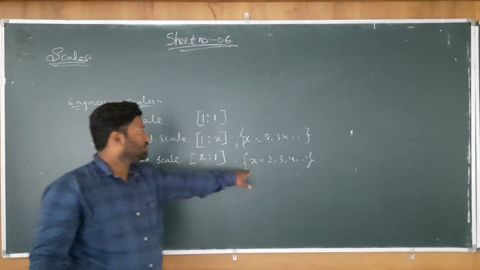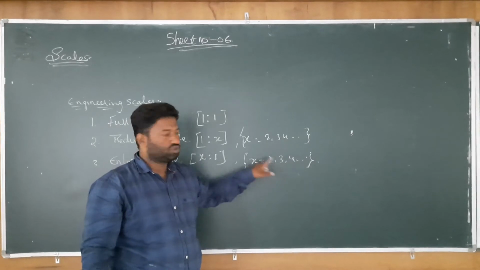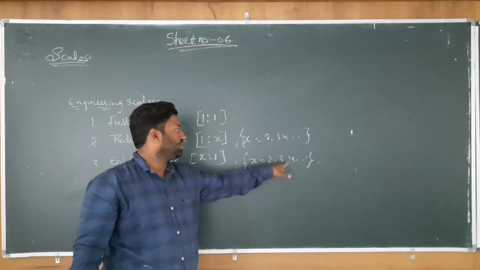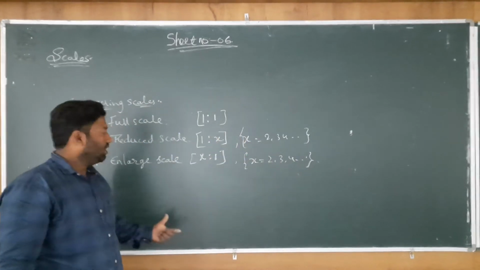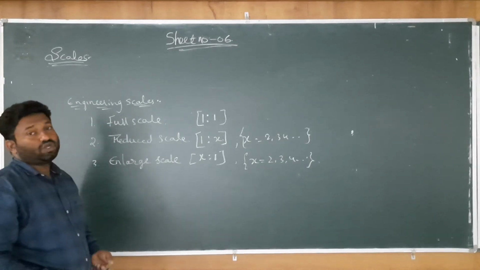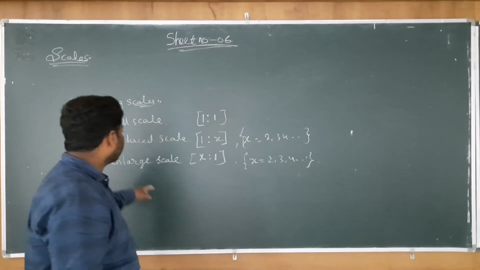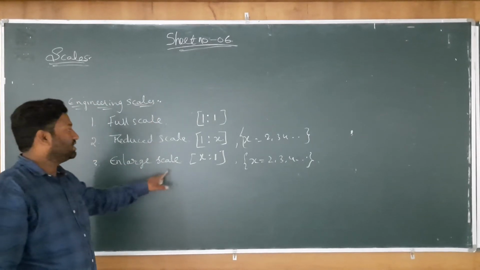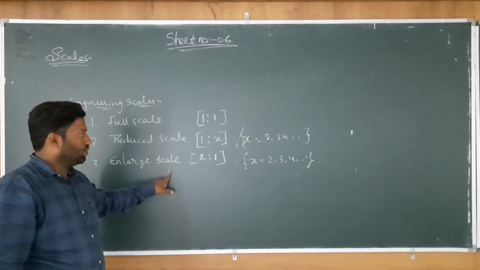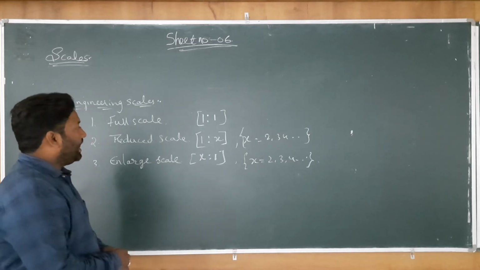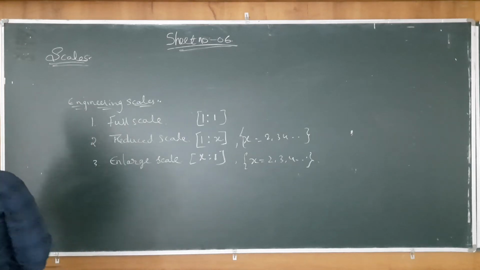So, the x value should be greater than 1, like 2, 3, 4, and so on. In this way we can enlarge and draw the larger diagram. That bigger diagram is nothing but what we can construct with the help of the enlarged scale.